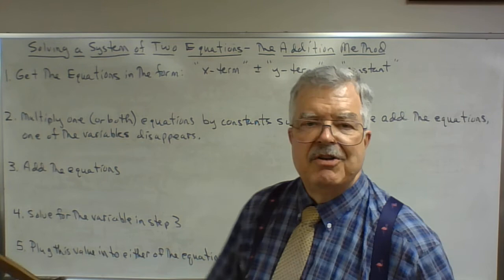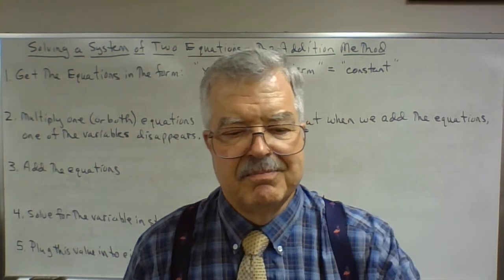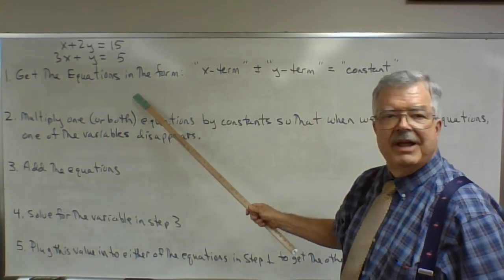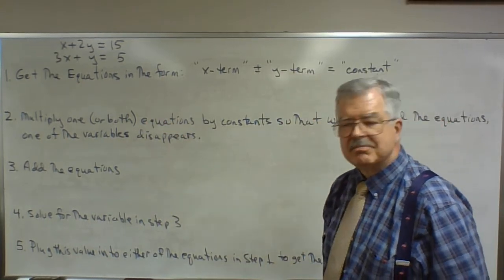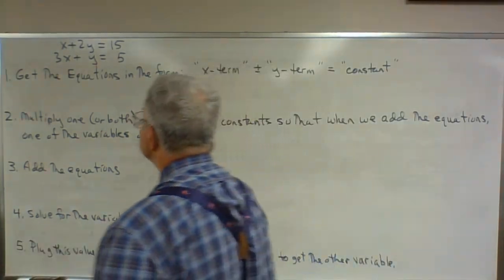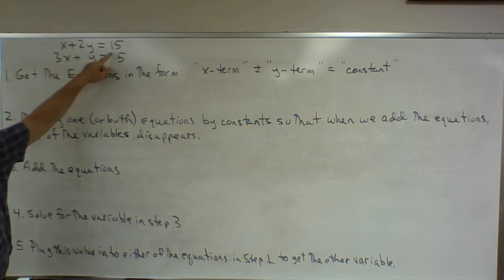Well, let's do an actual example so that this will make sense. This looks like a nice example. Let's go for it. First step, get the equations in the form x term plus y term equals constant.